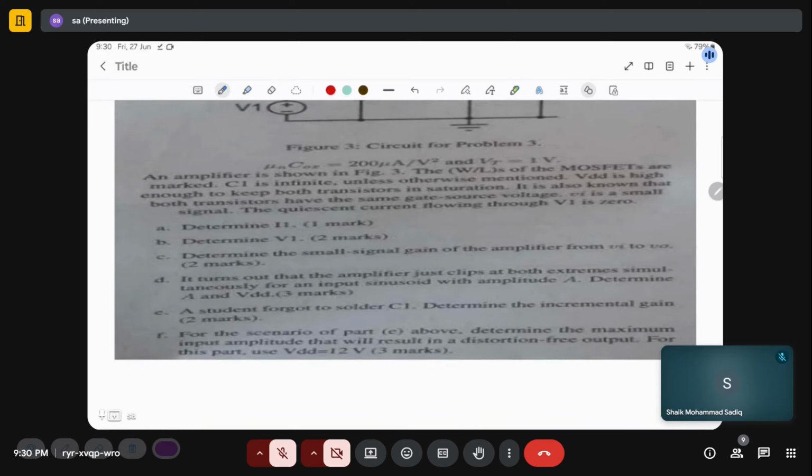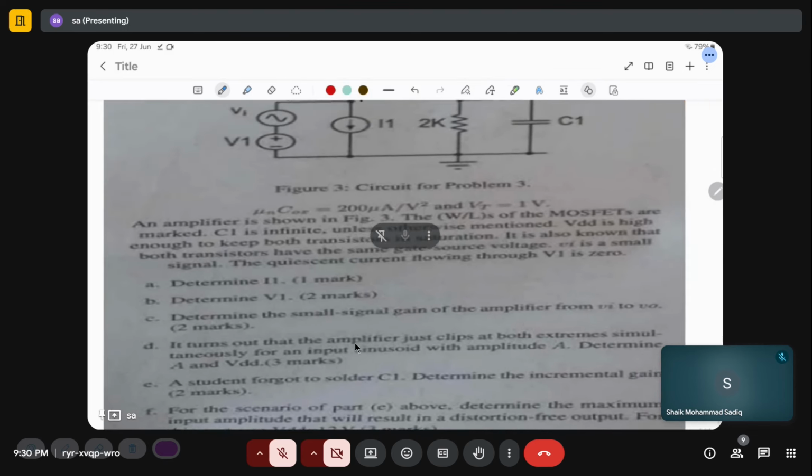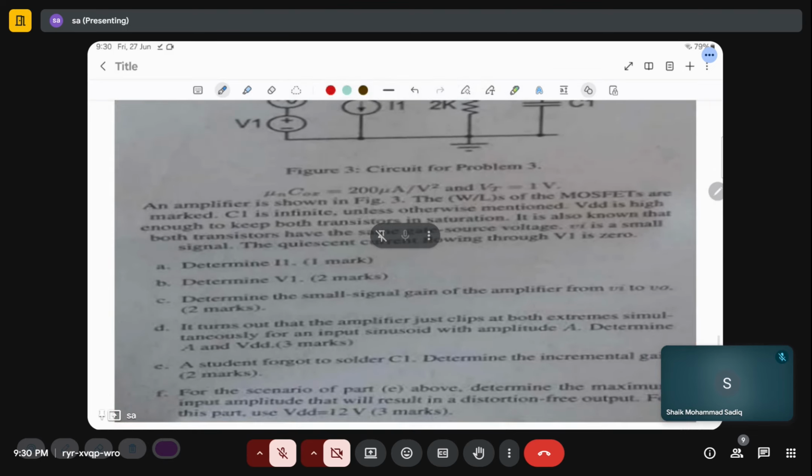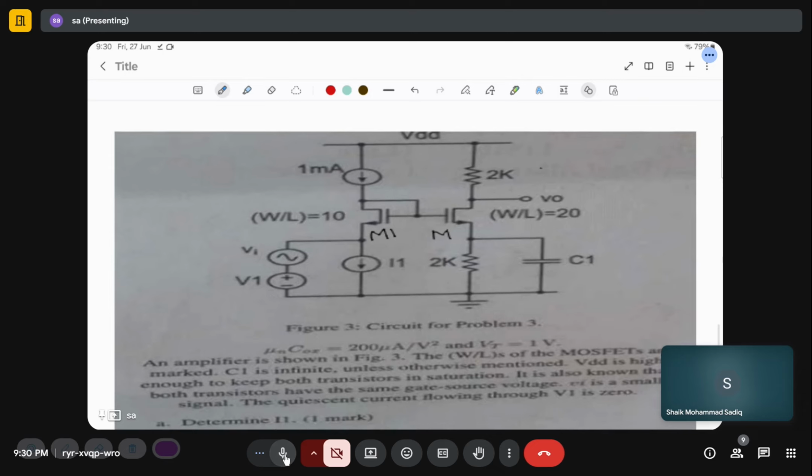Is it clearly visible or not? Can you read this?